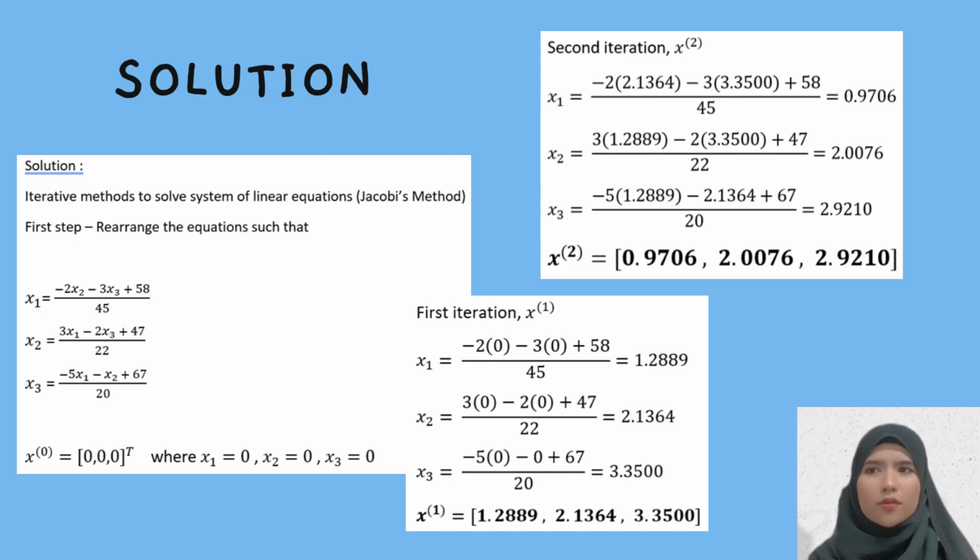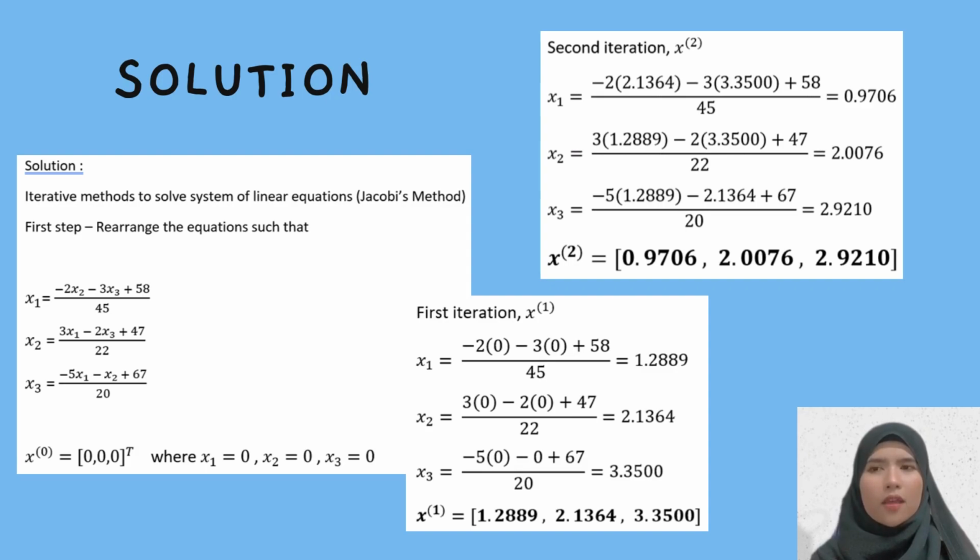Now, x2, look at the second equation here. 3 times 0 minus 2 times 0 plus 47 divided by 22. So 47 divided by 22 is 2.1364. And then x3 using x1 equals 0 and x2 equals 0.